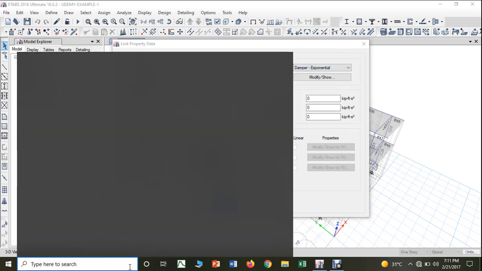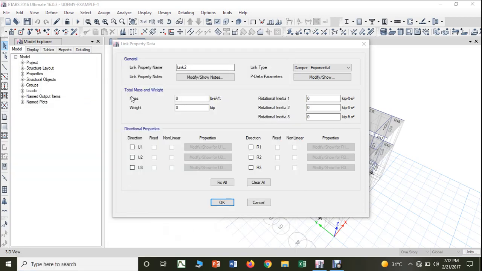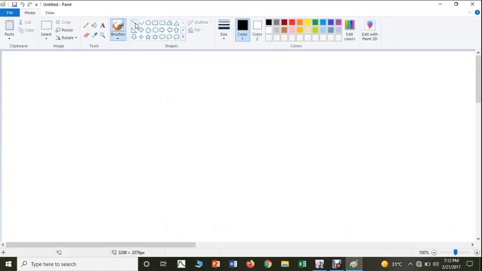For example, I don't want to go into deep detail, but I'll just explain so you understand what I mean by that. If I want to draw it in 3D, this is one direction, this is another direction, and this is another direction. This will be x, this will be y, this will be z. So I can have the translational effect along x, along y, and along z.